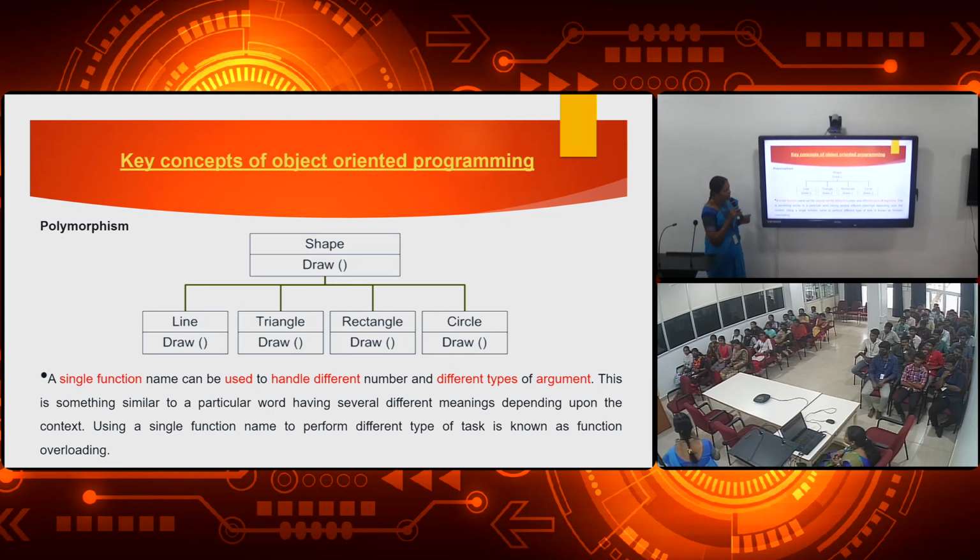For example, the triangle class consists of a draw method with only one argument, meaning when you are calling the draw method, if you are passing only one argument, then the draw function from the triangle class is going to be executed. So depending upon the definition and the corresponding number of arguments and the data type of arguments, the compiler is going to choose which appropriate function should be invoked and executed.